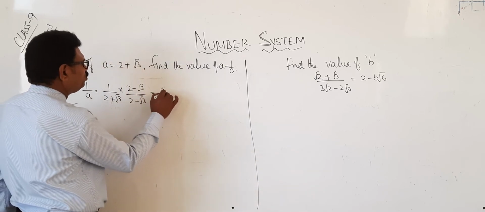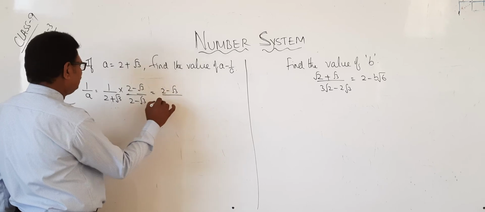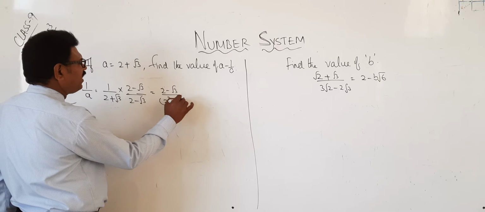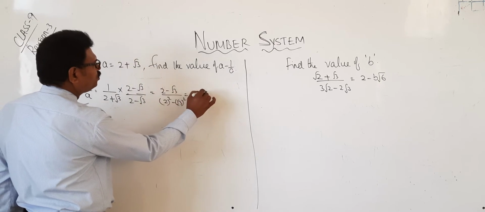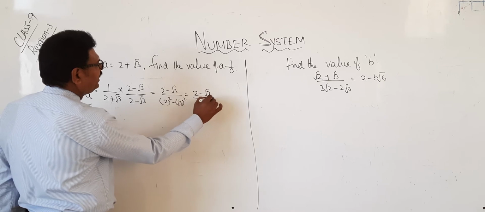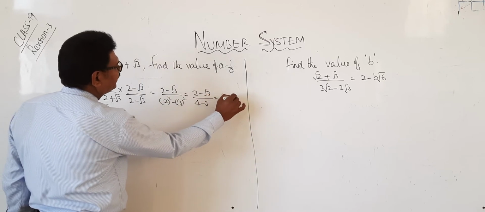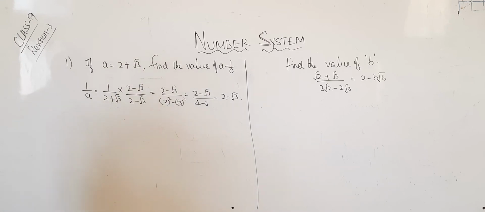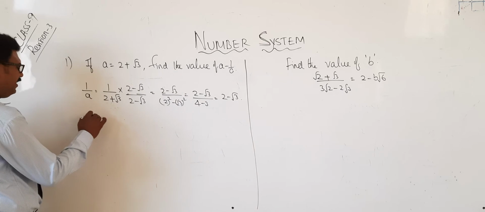Therefore, 2 minus root 3 as it is, and the denominator is 2 square minus root 3 square. Therefore 2 minus root 3 divided by 4 minus 3, which is 2 minus root 3. Okay? Yes.